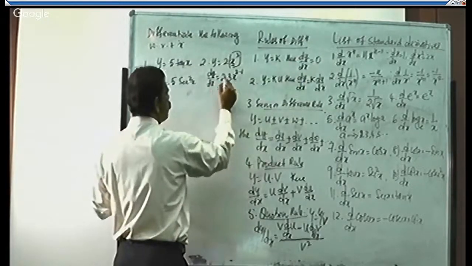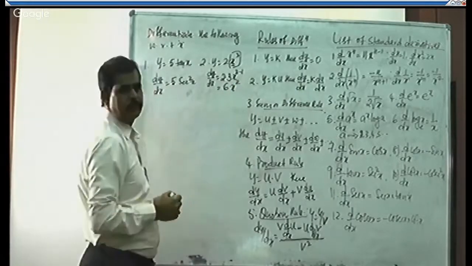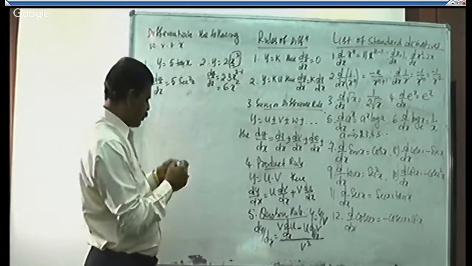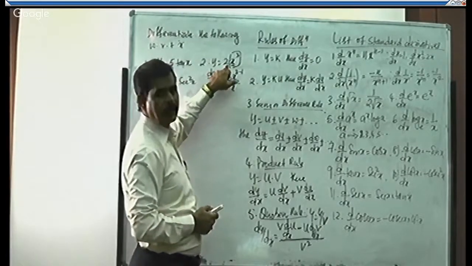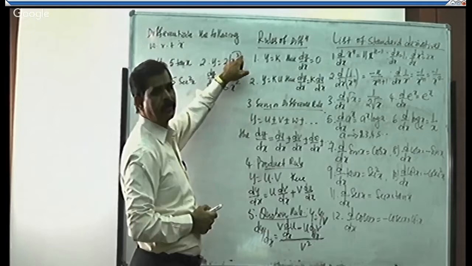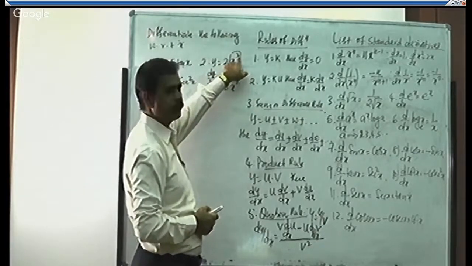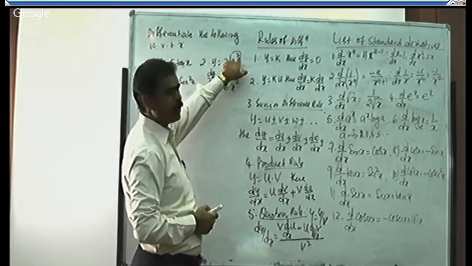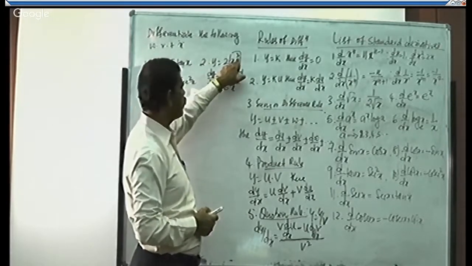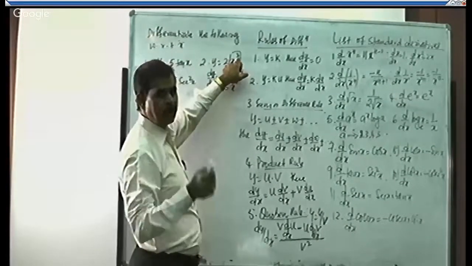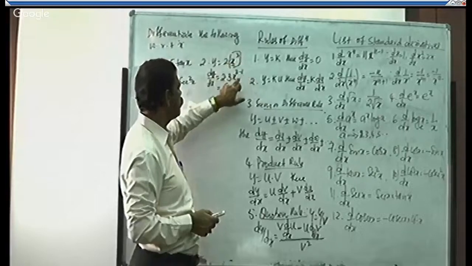It becomes 3 into 2, 6, x to the power of 2. So you can write directly: if there is a power for x, you multiply the power and the index. It is 2 into 3, 6. Then write x and write the power 1 less than the given power. So here we have 3, you should write 2.